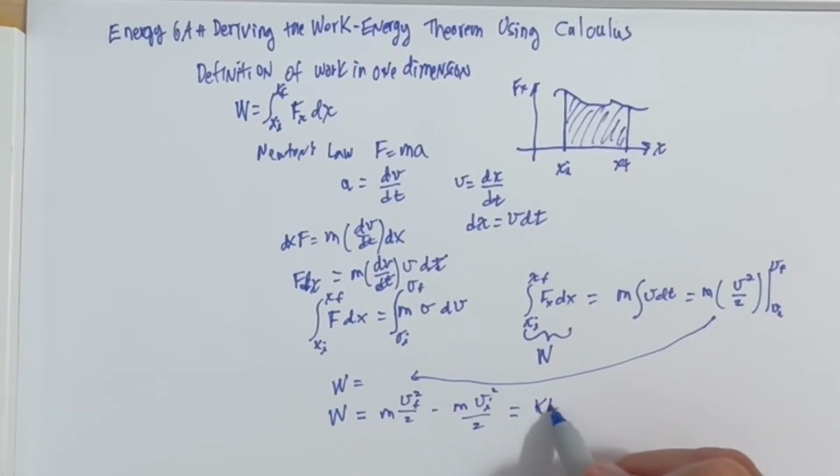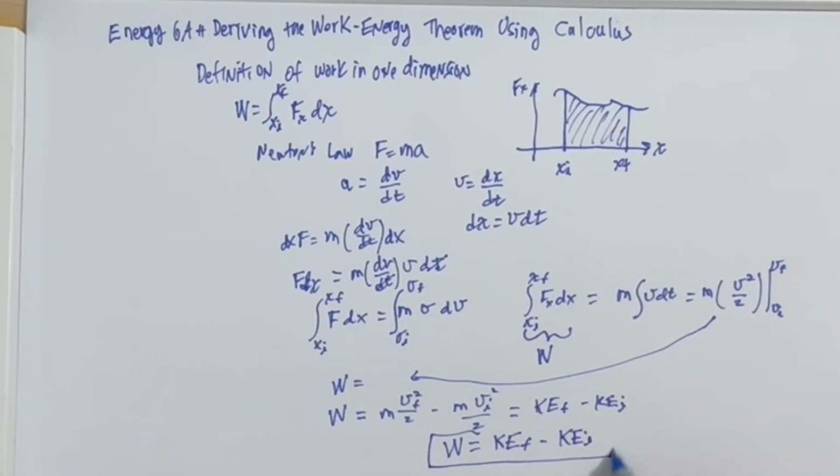So that's our kinetic energy final minus our kinetic energy initially. So we're going to come up with our work-energy theorem, kinetic energy final minus the kinetic energy initial. And so that's what we're hoping to get.